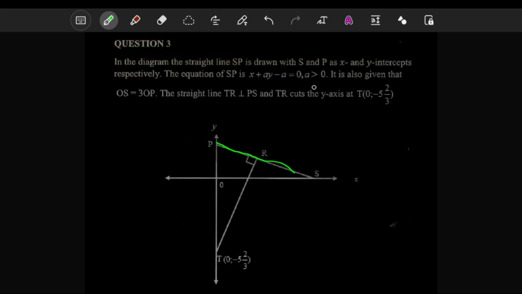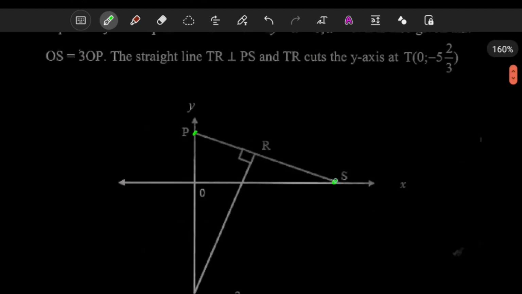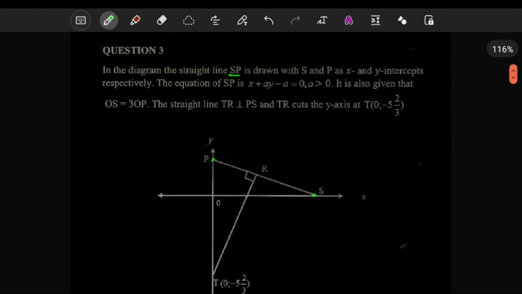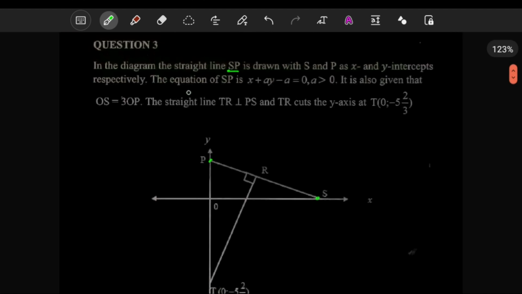We can see it starts from S, it goes to P. They said it is drawn with S and P as the x- and y-intercepts. So it's the x-axis here, which is S, and then the y-intercept there, which is P. And then it says the line SP has this equation.